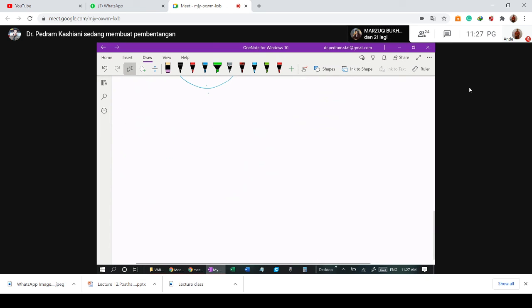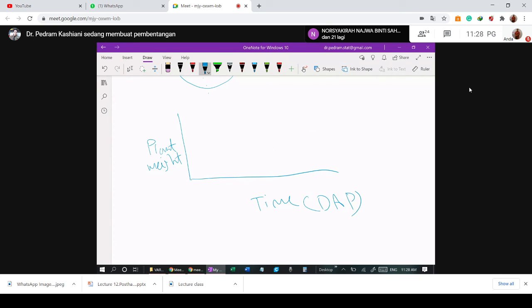This is, let's say, plant weight, and this is time, days after planting, or some people call it days after sowing.